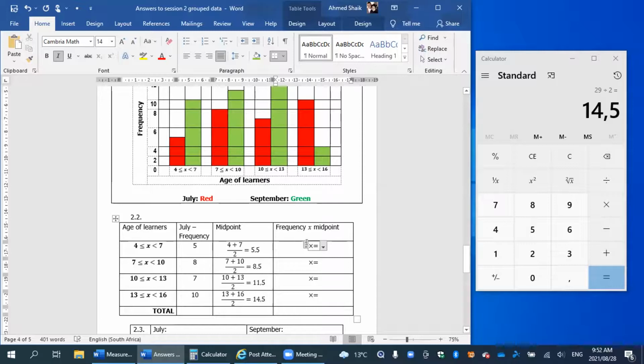Lastly, let's work out our frequency times midpoint column. Our frequency for the first interval was 5, and our answer from the midpoint calculation was 5,5.